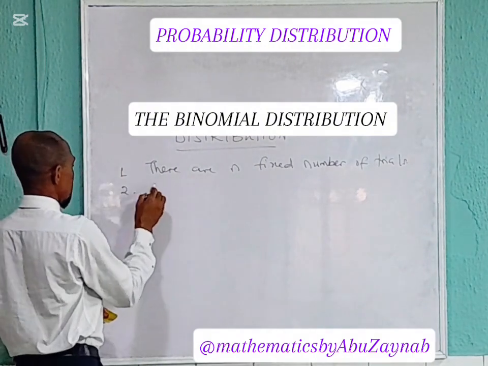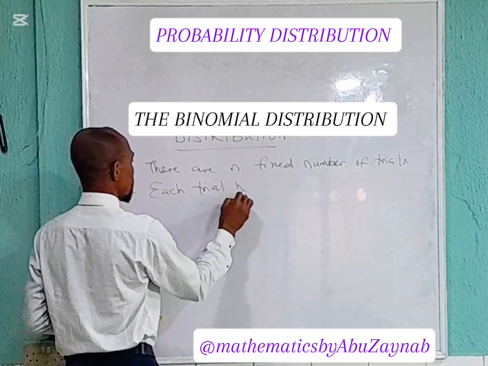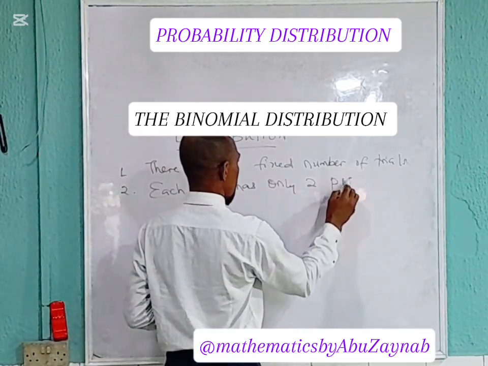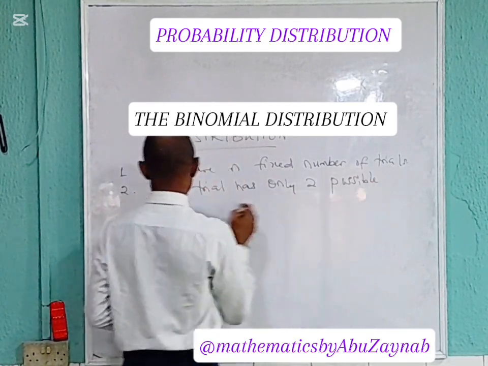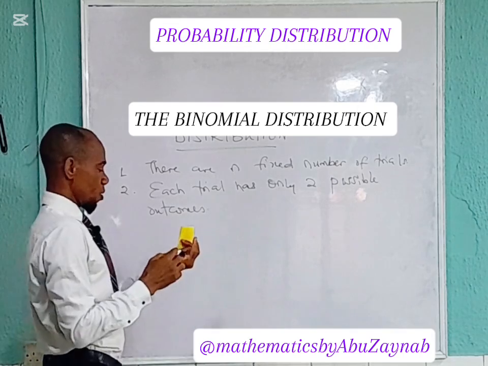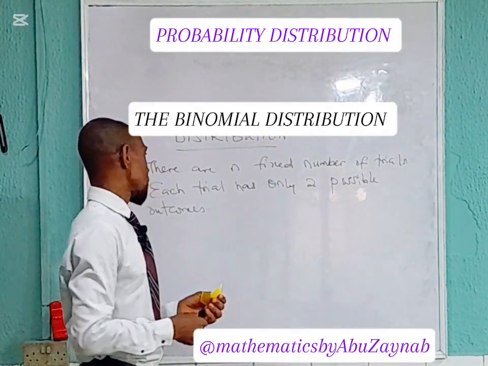Each trial has only 2 possible outcomes, and we call them success or failure. Just two possible outcomes.